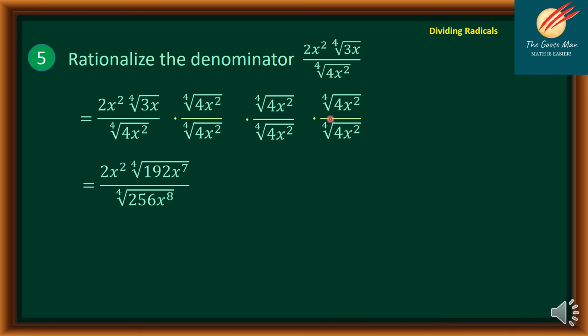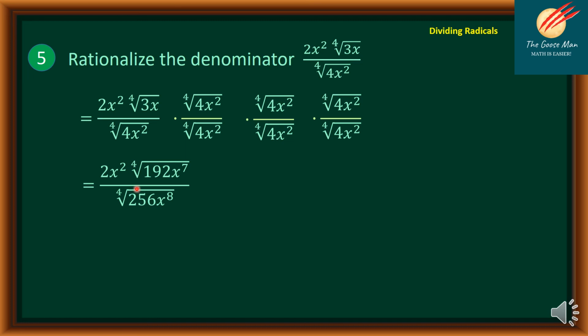Applying the law of exponents, I have 192 x to the 7th power. In the denominator, I have the fourth root of 4x squared times 4x squared times 4x squared times 4x squared, which is equal to 256 x to the 8th power.